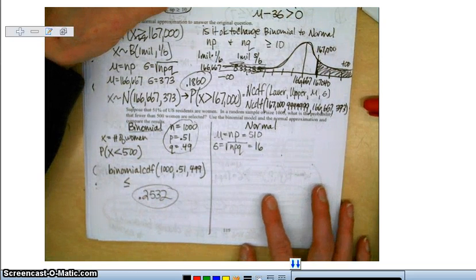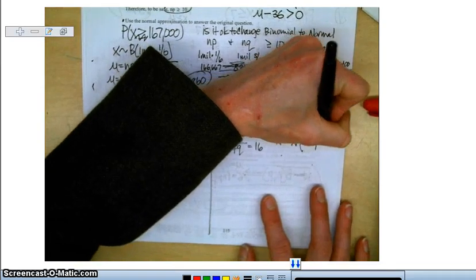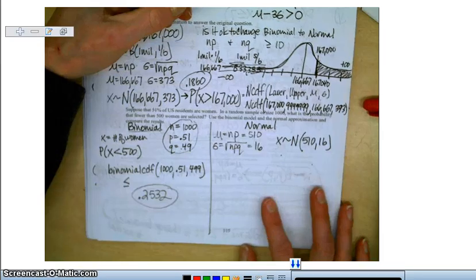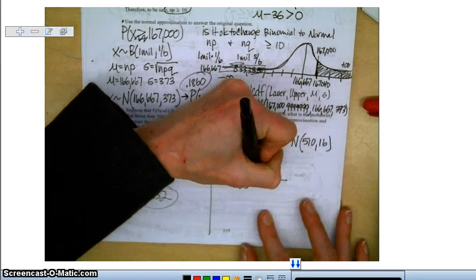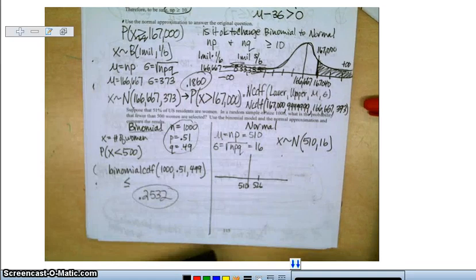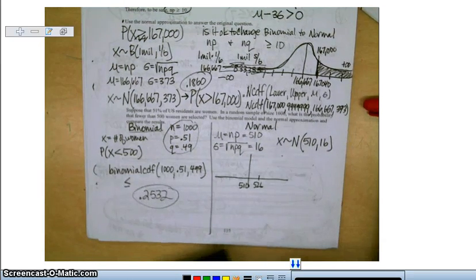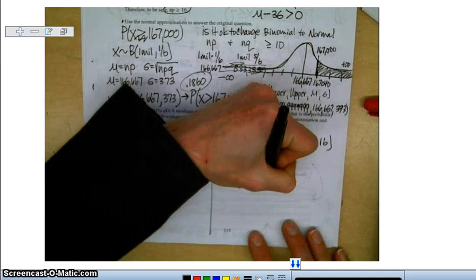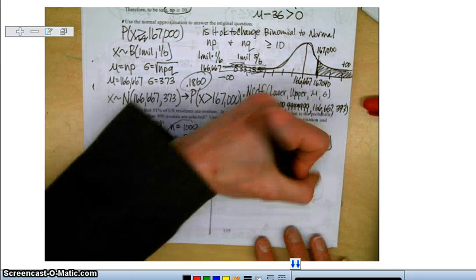Okay, so that means that x is now approximately normal with a mean of 510 and a standard deviation of 16. And so I'm going to draw my picture. Here's 510, 526, and then my next standard deviation is 542 plus 16, 558.